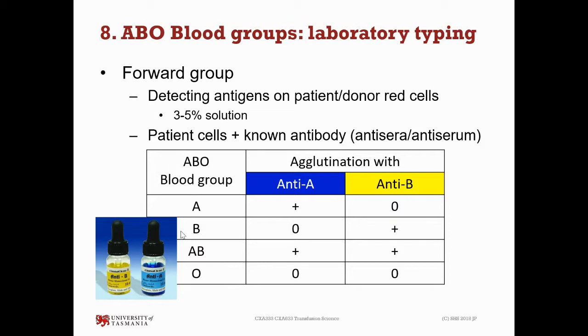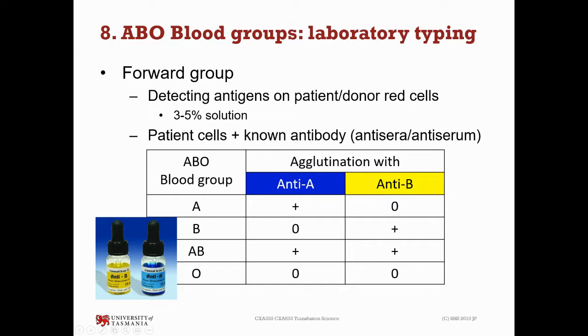Usually, under normal circumstances, we would have you making these solutions yourself, just so you know what goes into doing it. These solutions are 3 to 5% in buffered normal saline, and we always abbreviate that to BNS. So anytime you see BNS, it's always buffered normal saline.